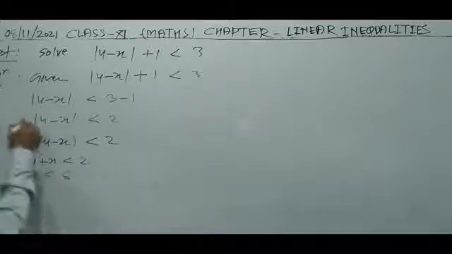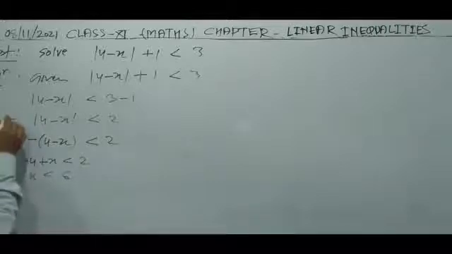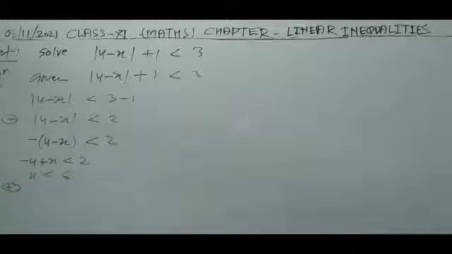Now this one I have taken negative sign. So now I will take positive sign. At positive sign, the result will be 4 minus x is less than 2. This implies minus x is less than minus 2. This implies x is greater than 2. X is greater than 2 is the second inequality.